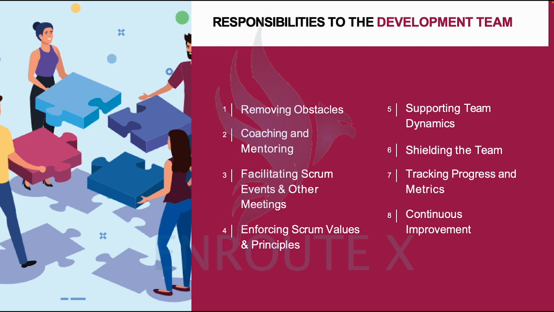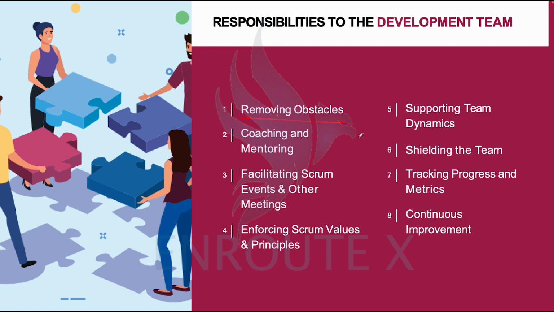Now the first one, which of course by now I believe every one of us should be able to relate to, is the Scrum Master removing obstacles. So interchangeably, we use obstacles, we use impediments. They are synonymous in meaning.